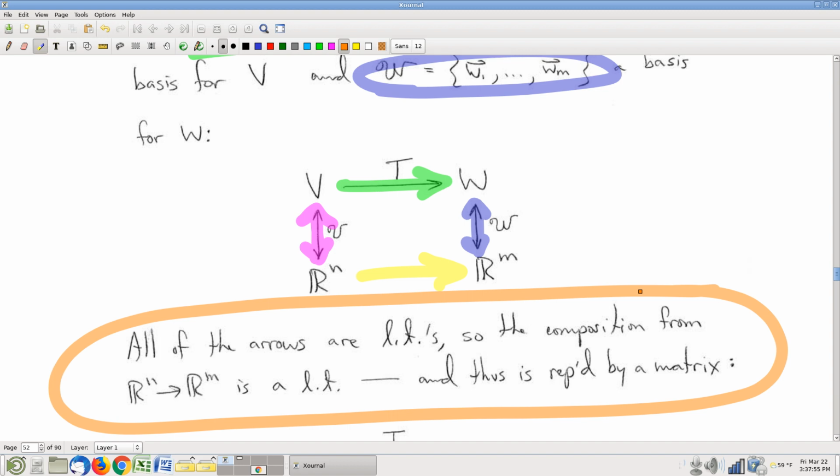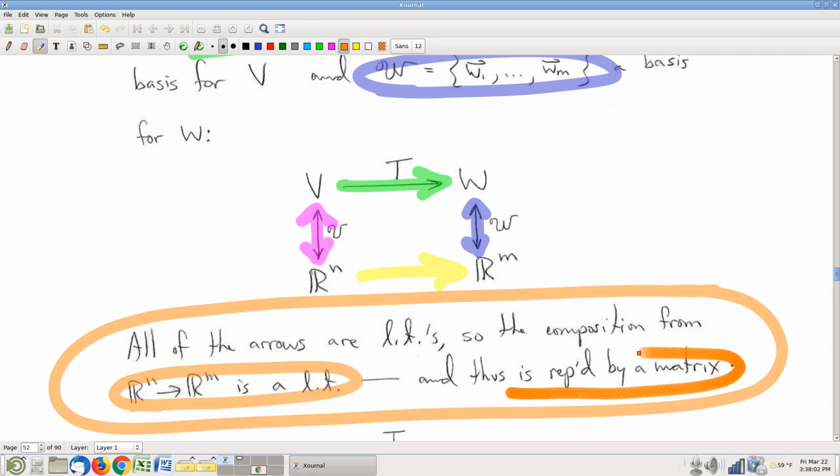The very first thing we observed in section 5.3 was that a linear transformation from Rn to Rm is a matrix. And we even came up with a formula for how to write down those matrices. Remember, the little cheat phrase was: the columns are the images of the standard basis vectors. That's your formula that tells you how to take such a linear transformation. I like to call these Euclidean linear transformations, Rn to Rm, and how to represent it with a matrix.